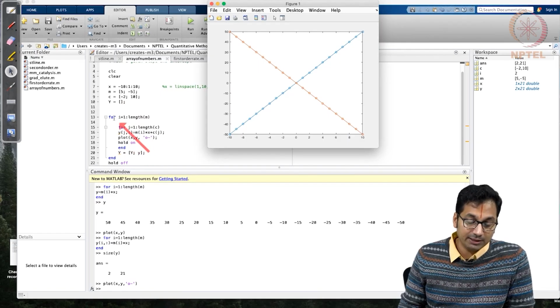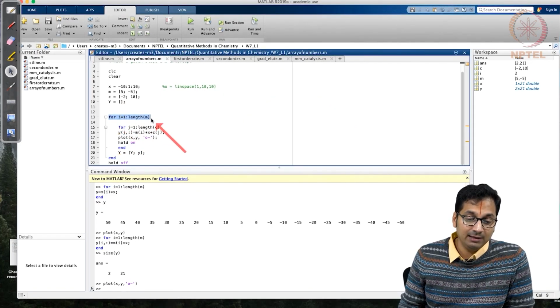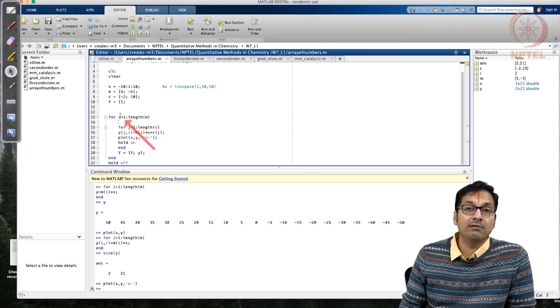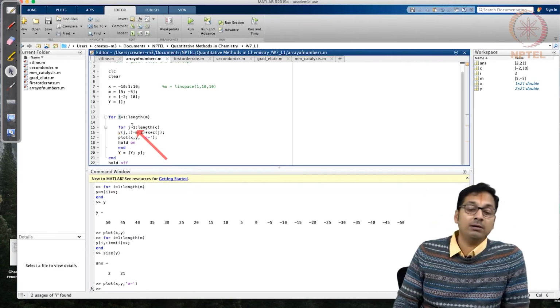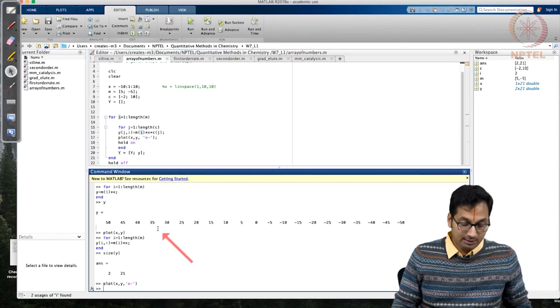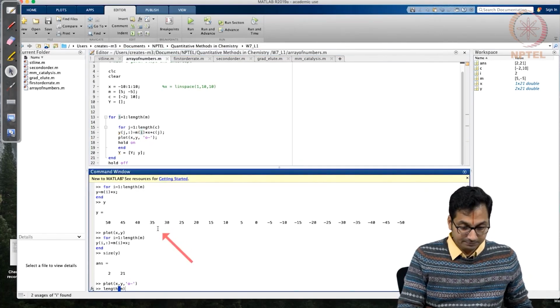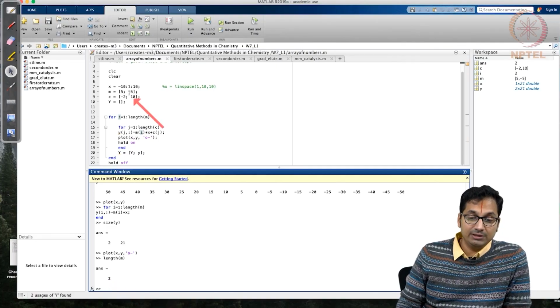So now what we are doing here is defining the first loop with the incrementing variable i. Whenever you say for i equal to 1 colon length of m, and let's see what is the length of m, the length of m is 2 in this case.